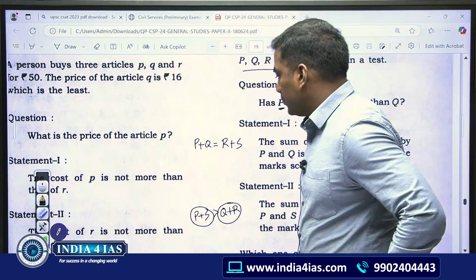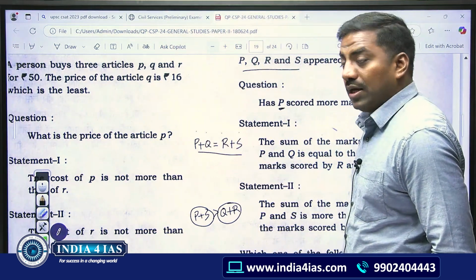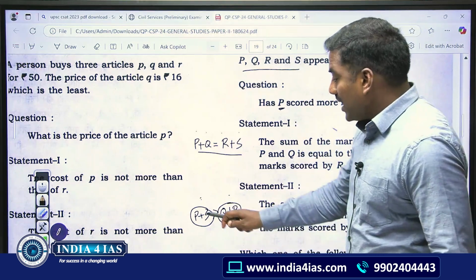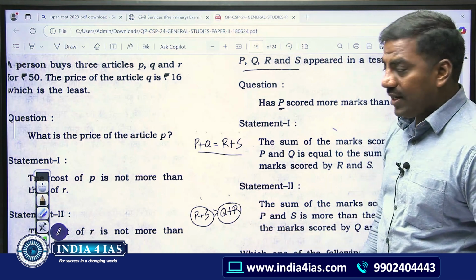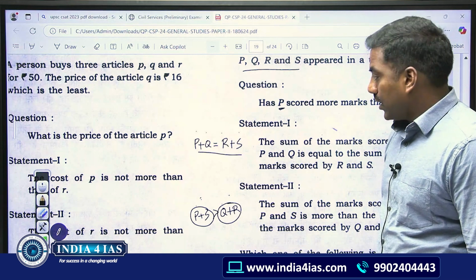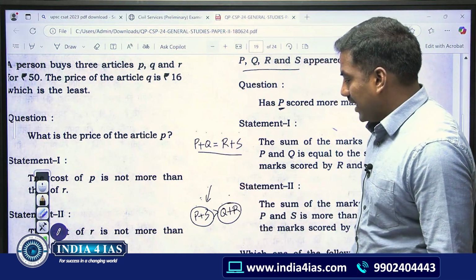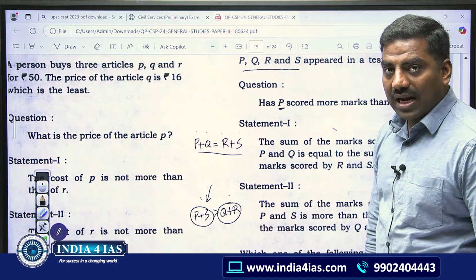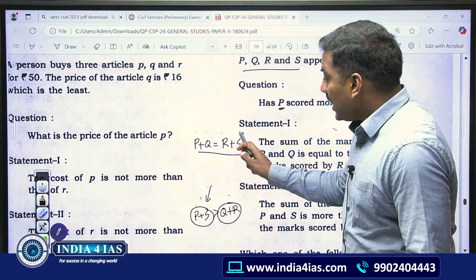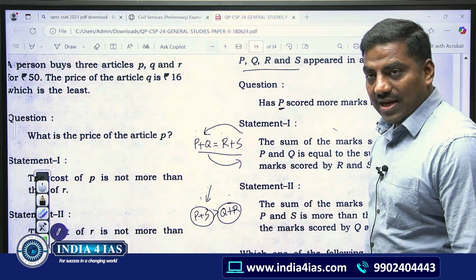So now, if I compare this, I cannot compare who is more. This group is more and this group is less. But can I compare the individual values of P and Q here? When S is coming this side, Q and R are having less together. Here S is coming and Q is going there.